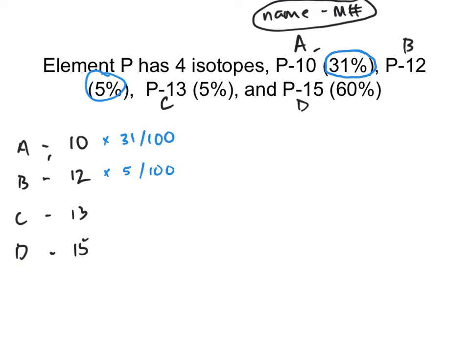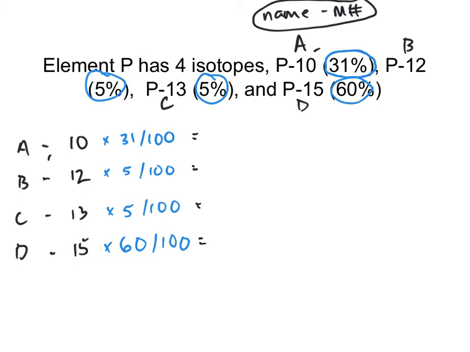For C, it's 5% again. And then for D, it was 60%, so that one happens the most. Well, I'll calculate these out.